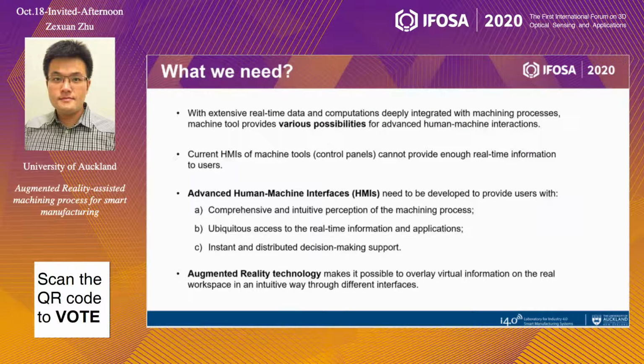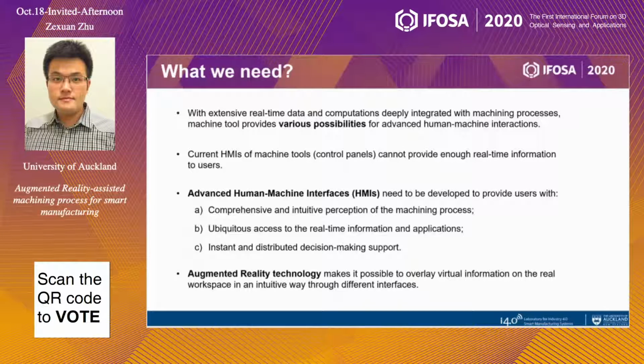So what do we need? With extensive real-time data and computations deeply integrated with the machining process, machine tools provide various possibilities for advanced human-machine interactions. But the current human-machine interfaces cannot provide enough intuitive information to the operators.